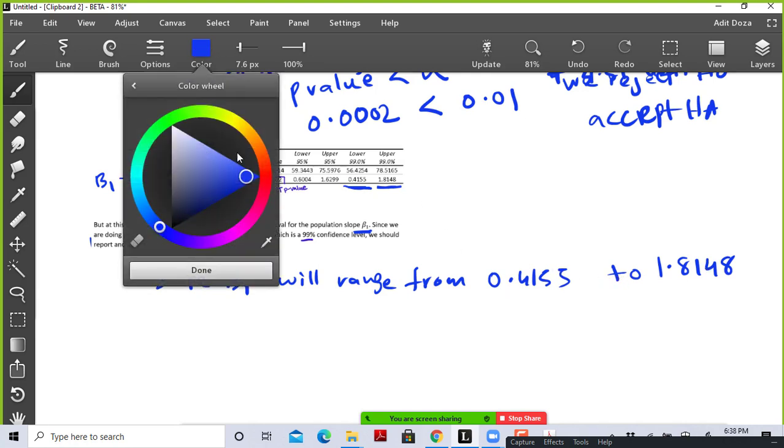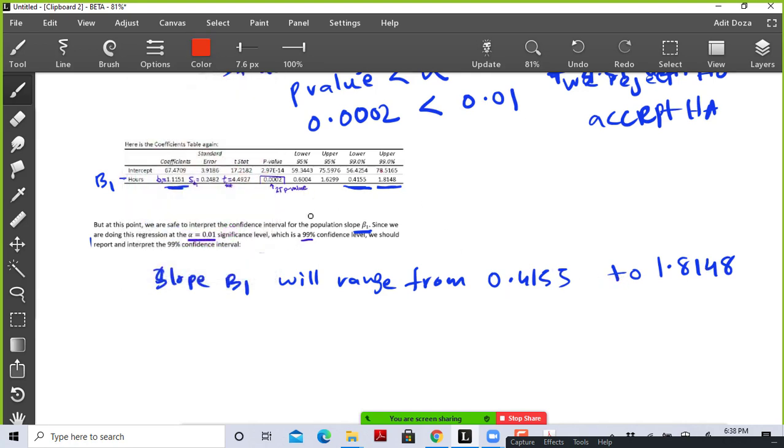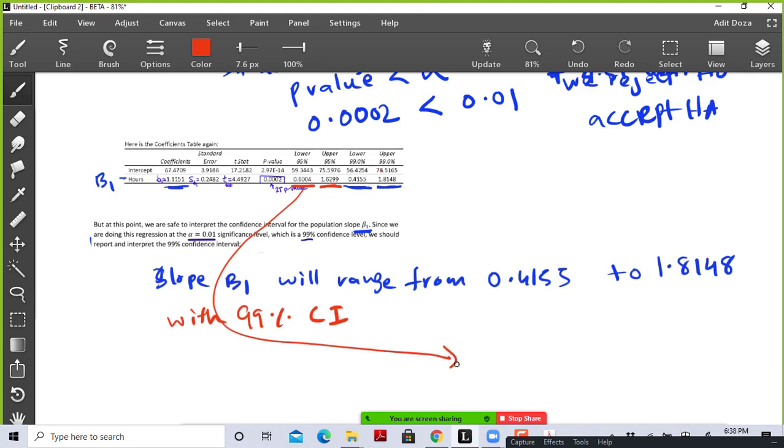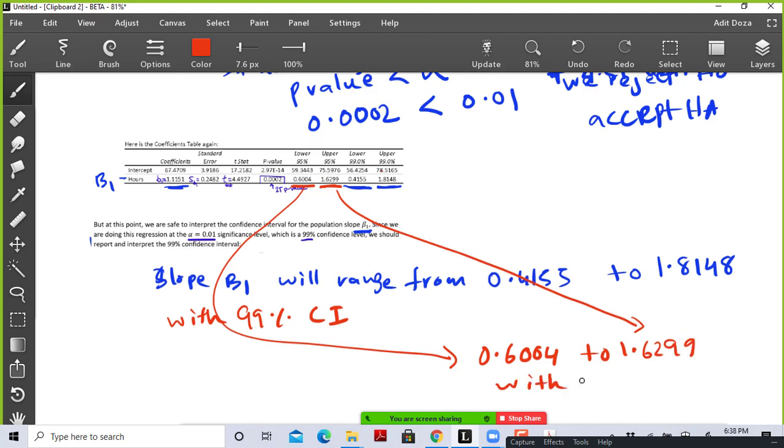If I ask what the 95% interval is, which one should you choose? This one and this one. This one is with 99% confidence, but if I ask 95, then your range would be different. So 95% would be 0.6004 to 1.6299 with 95% confidence interval.